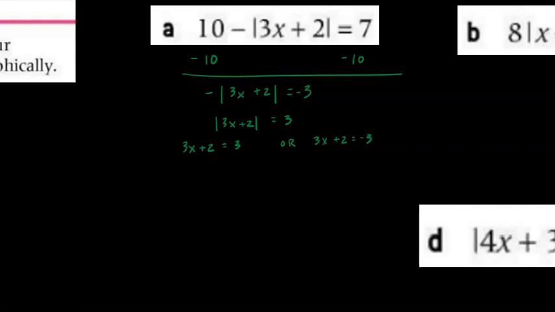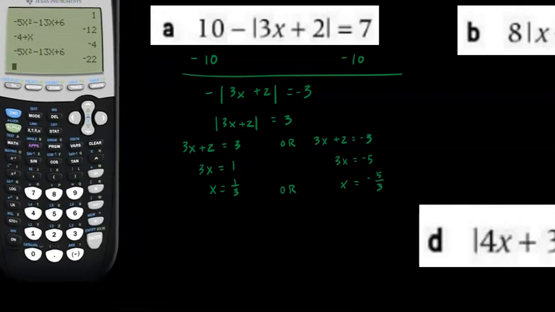So subtract 2, we get 3x equals 1, x equals 1 over 3. And then minus 2, 3x equals negative 5, so x equals negative 5 over 3.